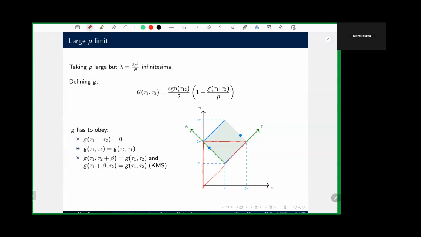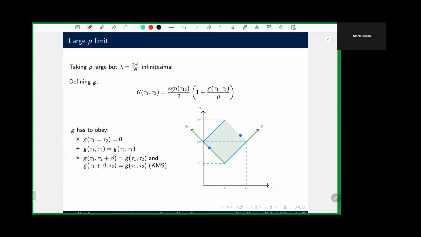And of course, any other area in this tau 1, tau 2 graph can be traced back to our shaded diamond by applying the symmetry for G or KMS, or a combination of the symmetry and KMS. So this is our area of integration, but what is it that we're integrating?